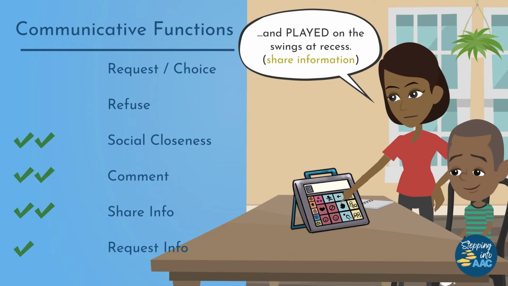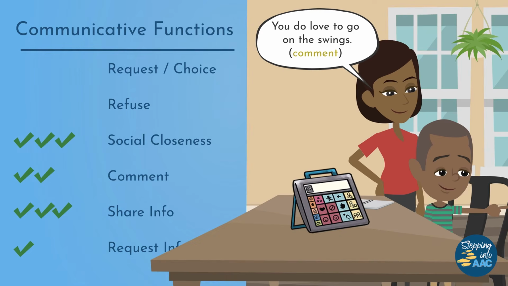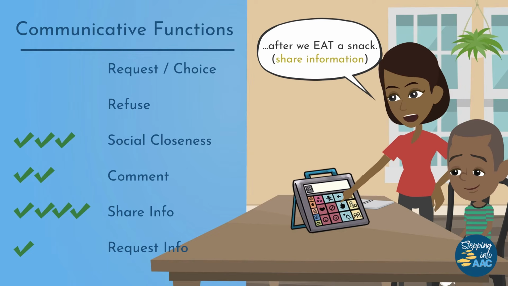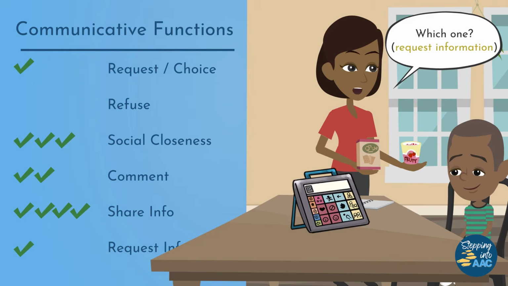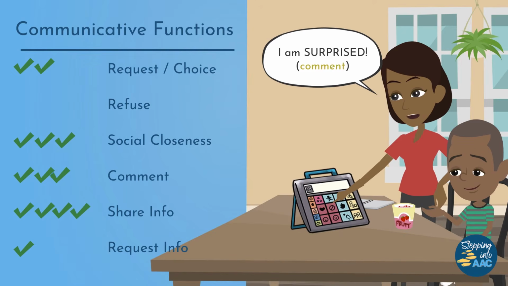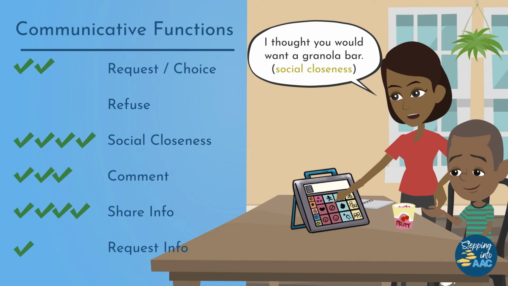Made. And played on the swings at recess. Played. You do love to go on the swings. We can go out. Go. Out. Go out. After we eat. Eat. A snack. Which one? I am surprised. Surprise. I thought you would want a granola bar.